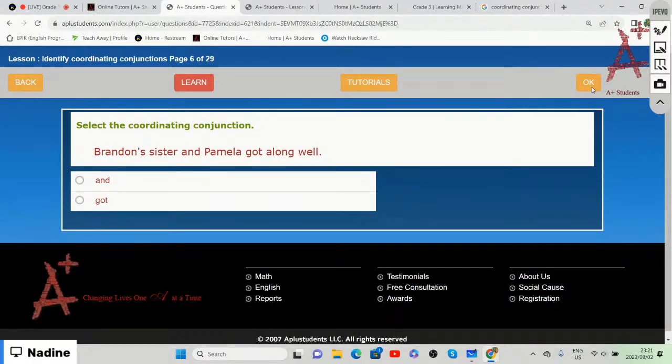Brandon's sister and Pamela got along well. We need to choose between the coordinating conjunction and or got to connect either words, phrases, or sentences within that sentence.